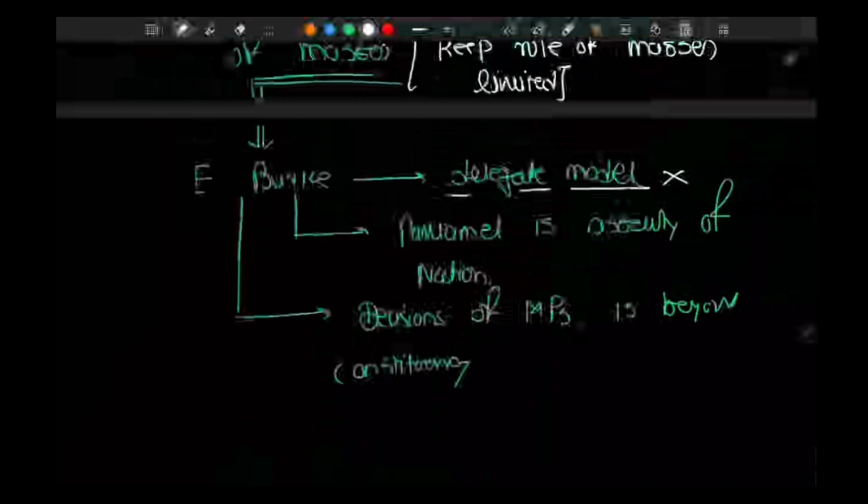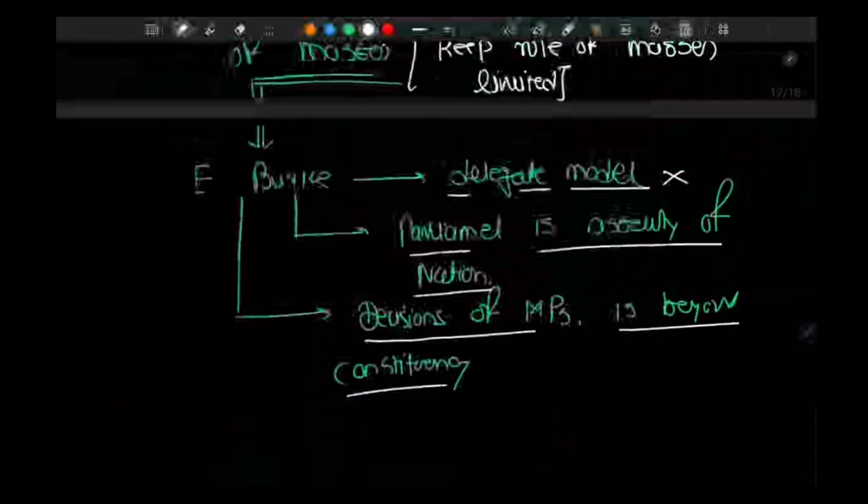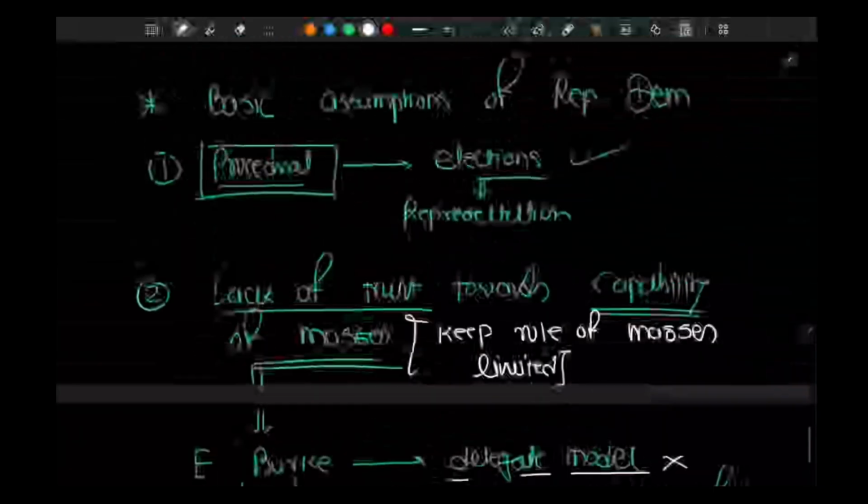According to the delegate model, democracy is nothing but parliamentarians have to work as per their constituencies. But for Burke, decisions of MPs are beyond their constituencies. Parliament is an assembly of the nation.